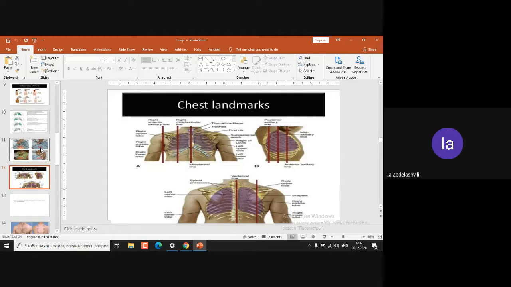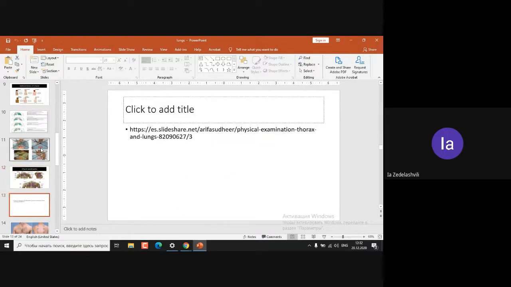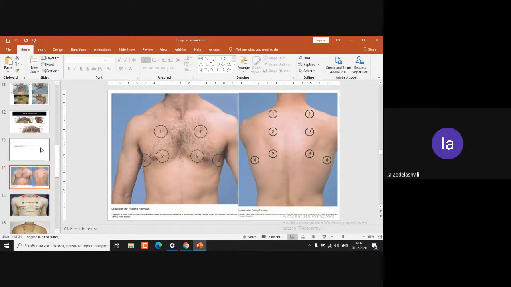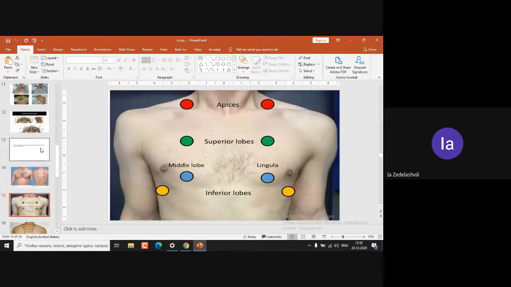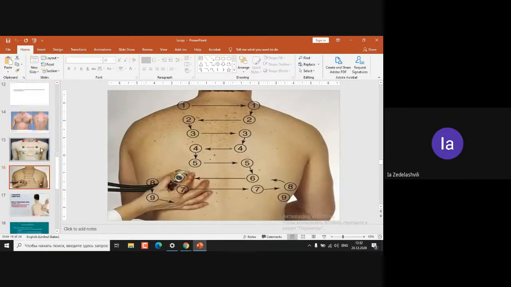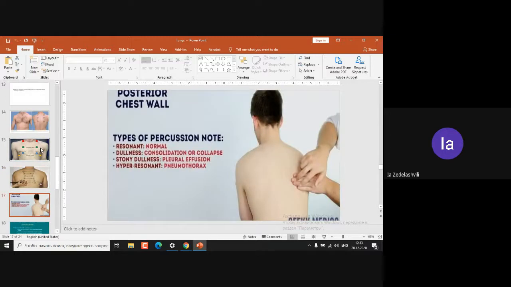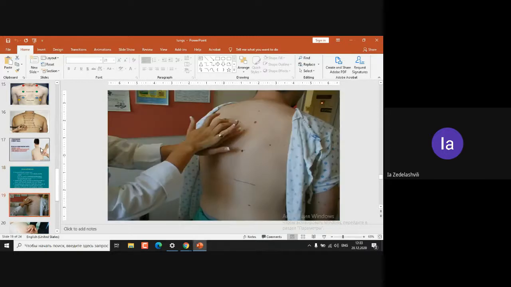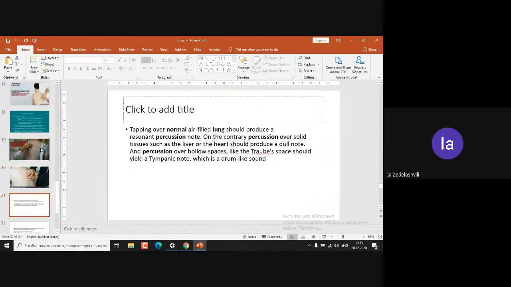So for the lungs' position and lines, we have to do a symmetrical examination by percussion and auscultation. How to produce it? What is auscultation and what are the normal and abnormal sounds of it?